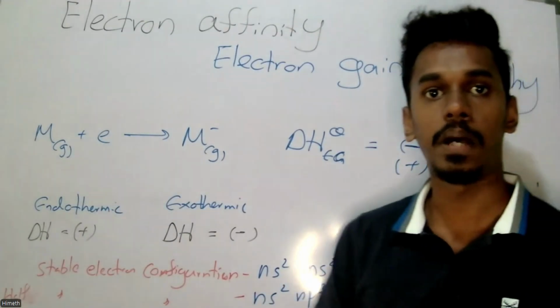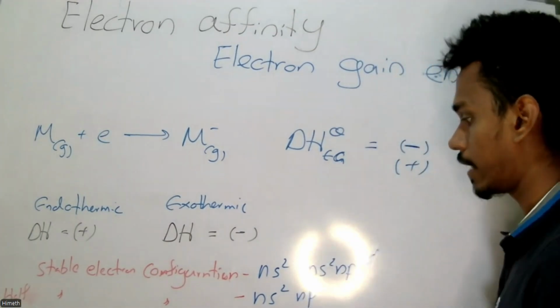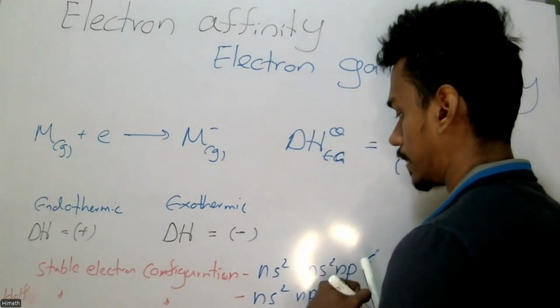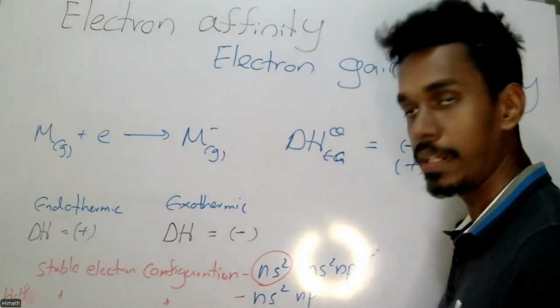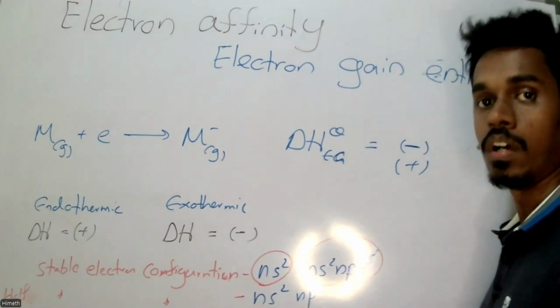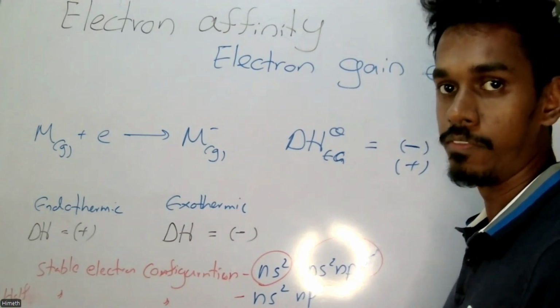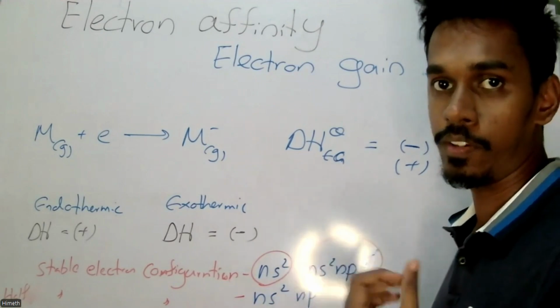We can take examples of stable electron configurations. There is the ns2 electron configuration, which is a stable electron configuration. ns2 np6 is also a stable electron configuration because these orbitals are completely filled with electrons.